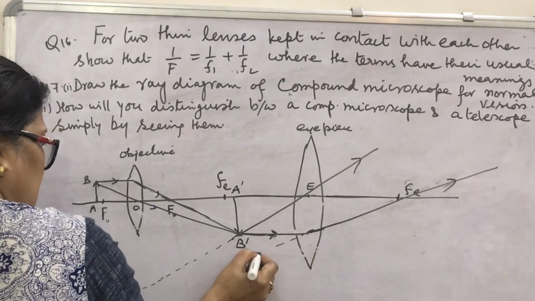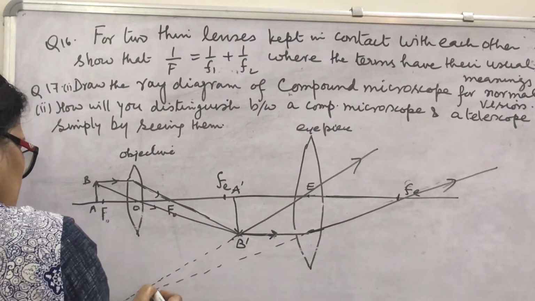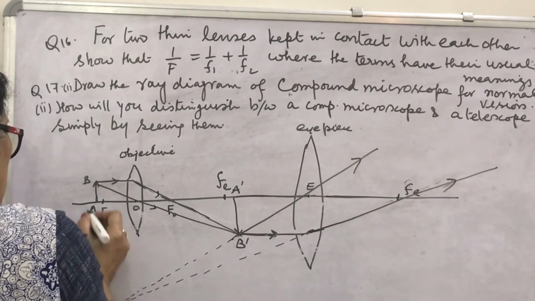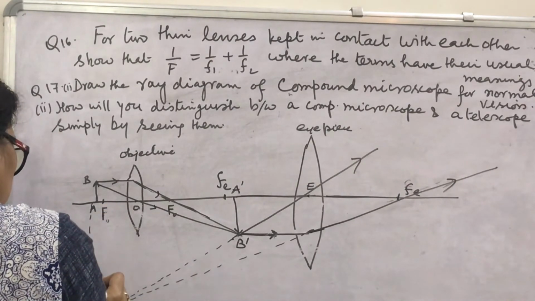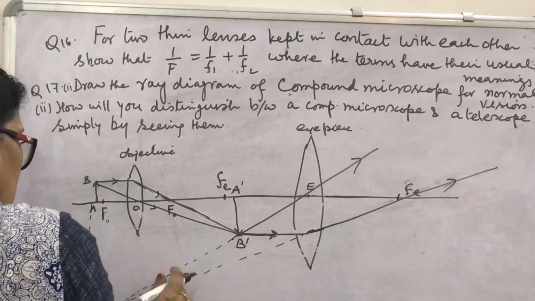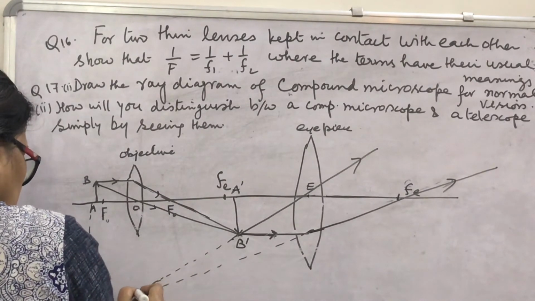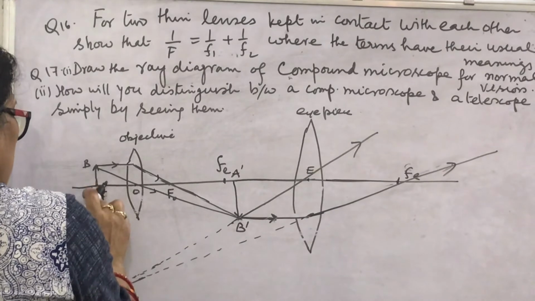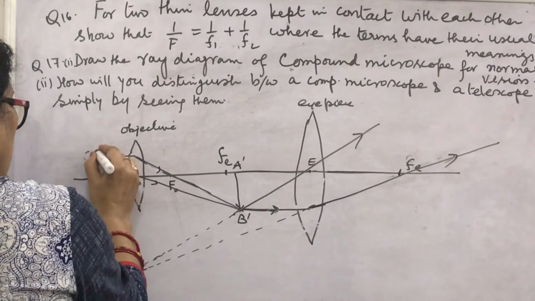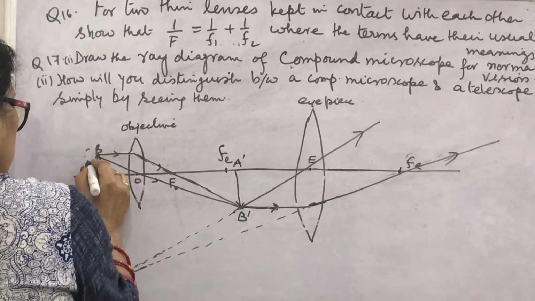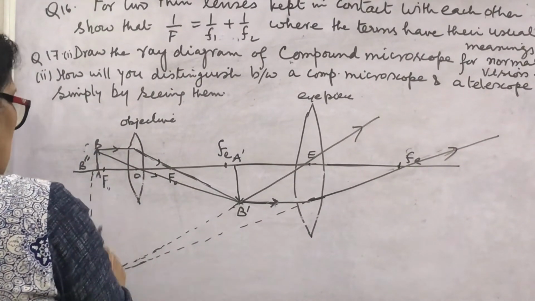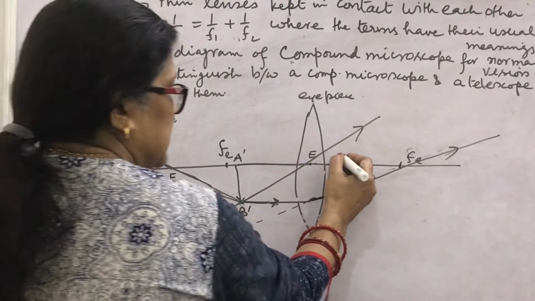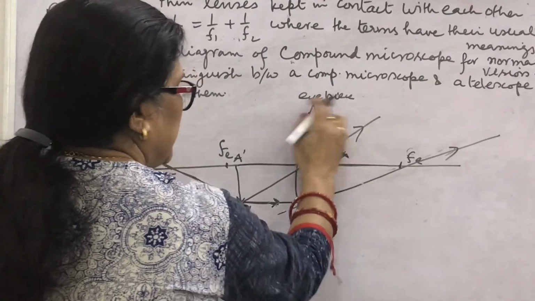That the final image is obtained somewhat here. So if this is the object AB, this is the object's final image A double dash B double dash, the net magnified image. By placing the eye here, that's why this lens is named the eyepiece.